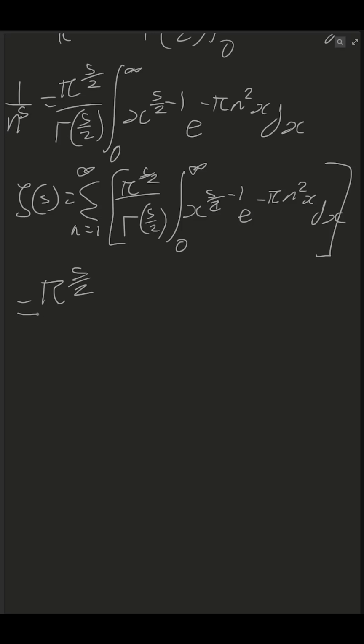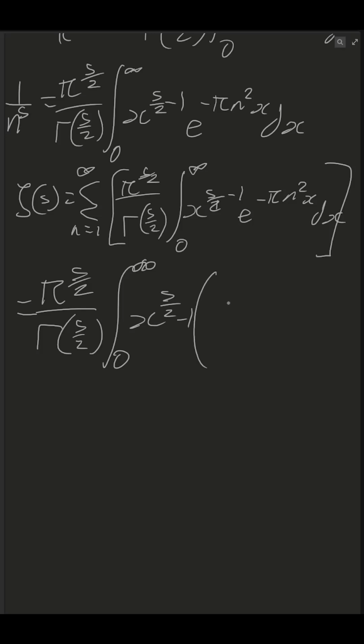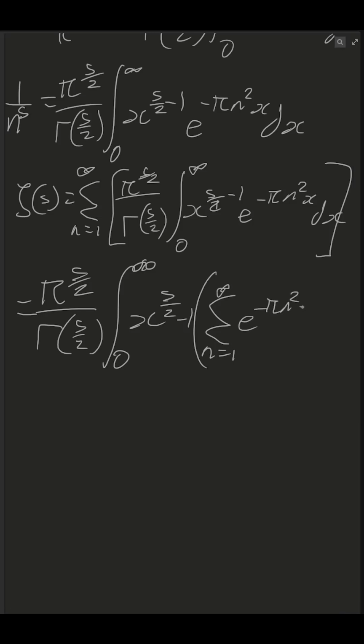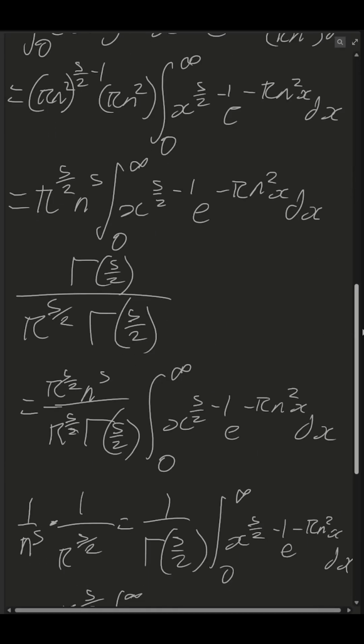So pi to the s over 2 over gamma of s over 2 times integral from 0 to infinity of x to the s over 2 minus 1 of this sum from n equals 1 to infinity of e to the minus pi n squared x dx. This is equal to the above expression.